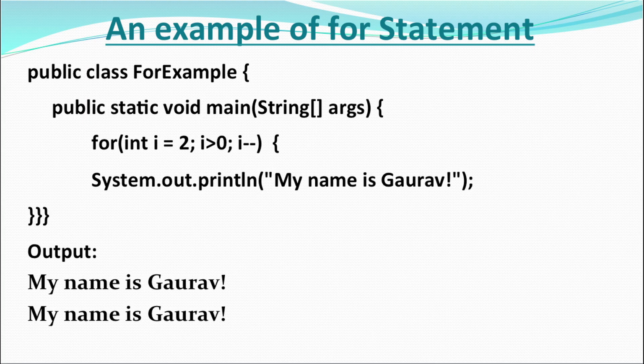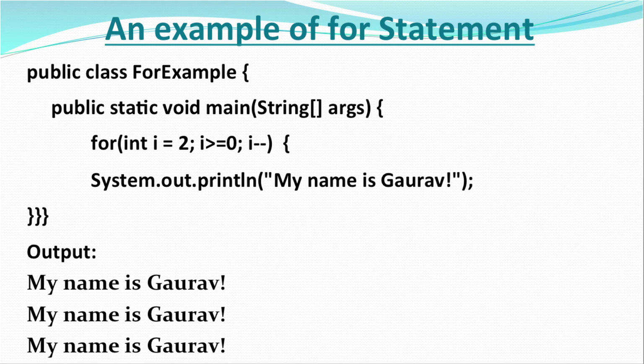The increment in this example is I plus plus, which means I is equal to I plus 1, so the value 0 will now become 1, because we have increased the value by 1.